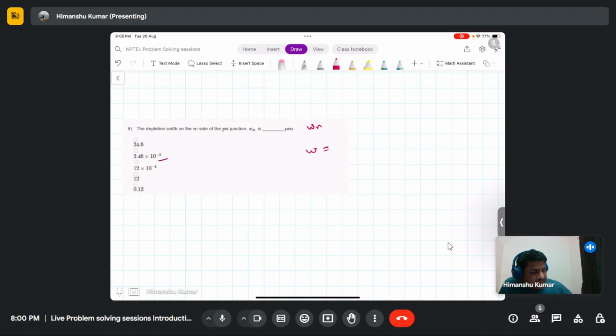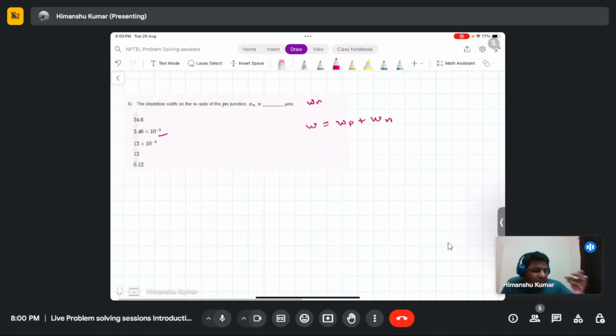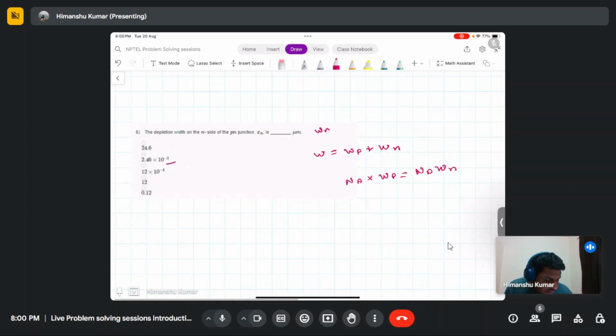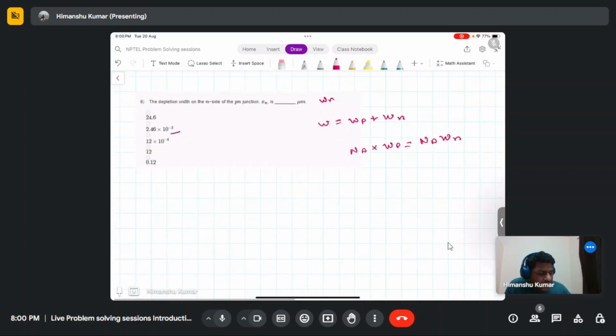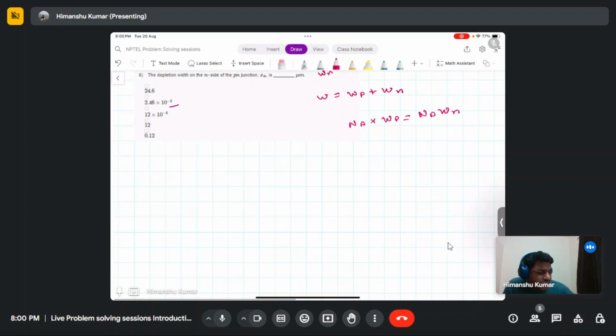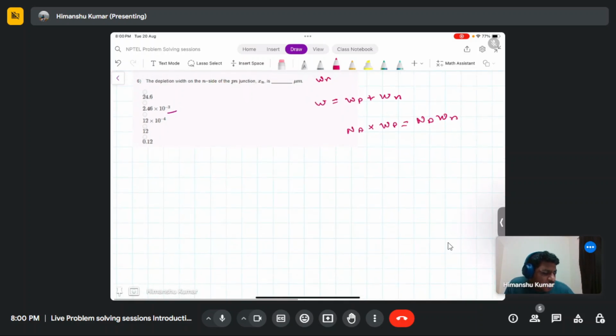Total depletion width W is Wp plus Wn, and from the charge neutrality condition, you can write Na times Wp equals Nd times Wn. To calculate Wn, you can substitute Wp in terms of Wn.